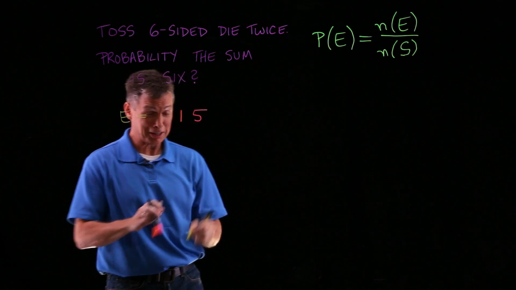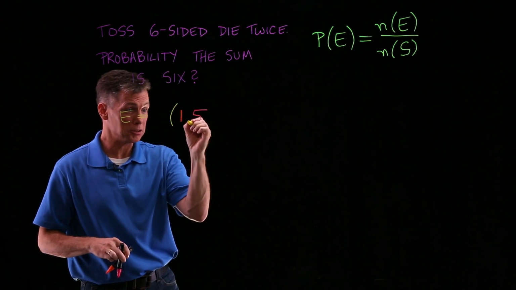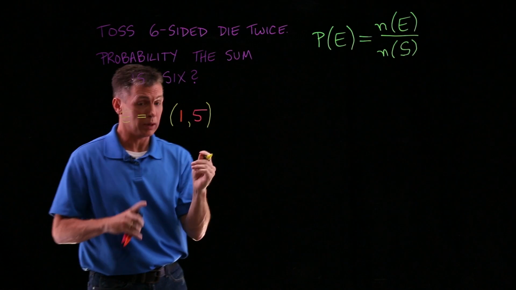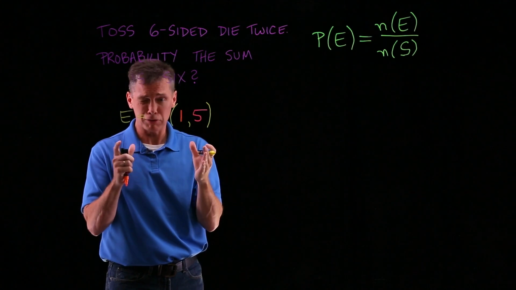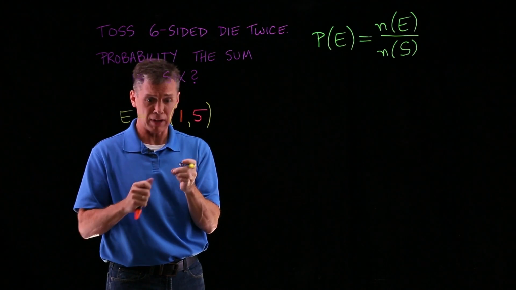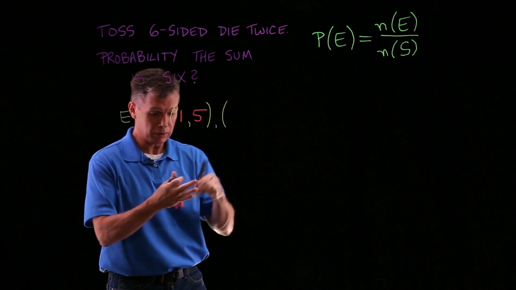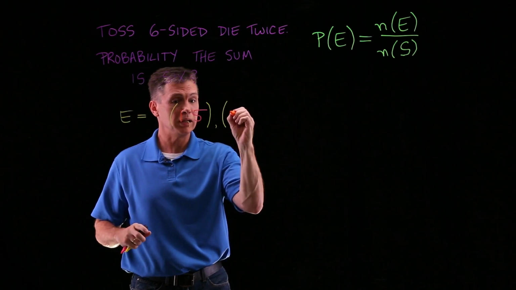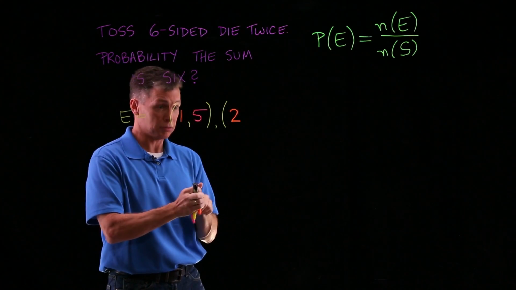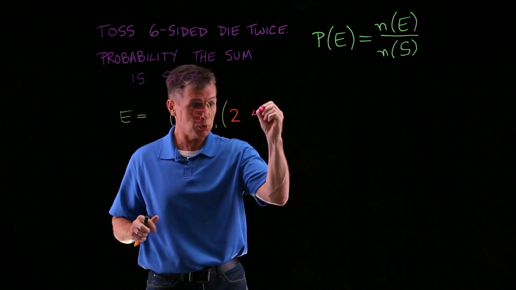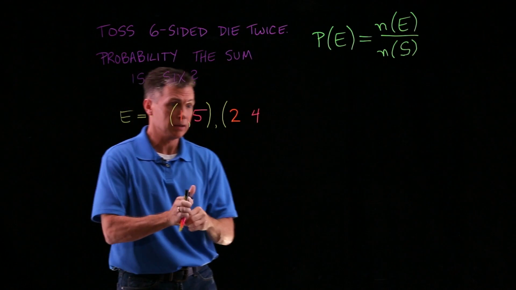Okay, and I'm going to get kind of colorful here, and I have a reason. So that's one possible win for us, a 1 on the first die and a 5 on the second die. How else might we win? We could win if we get a 2 on the first die and a 4 on the second die.